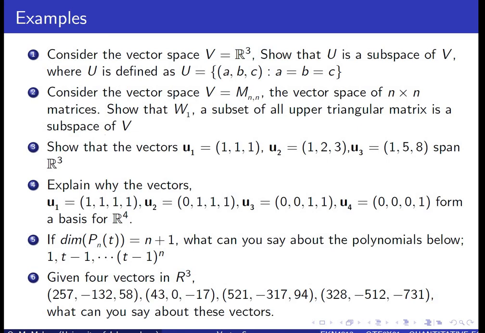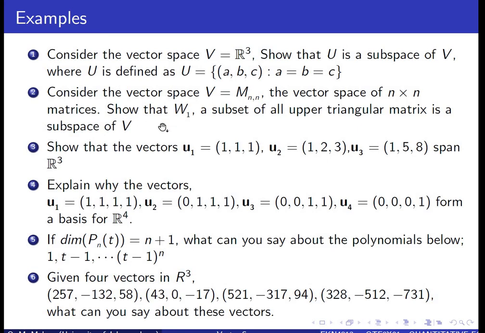So obviously W1 will be a subset of n by n matrices. Our task is to show that it's a subspace, which means we need to show that this set, defined as the set of all upper triangular matrices, satisfies the three properties of a subspace.